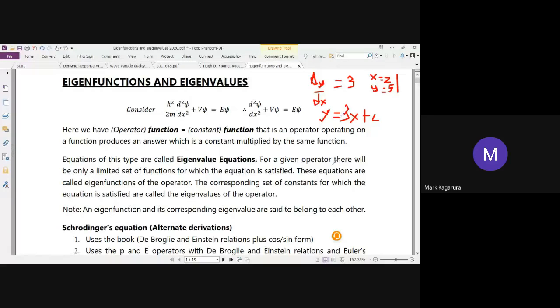So now this is what is called an eigenfunction. So we have actually solved this equation, and we ended up with the function. And so we need to get the eigenvalues. So we substitute for 5: 5 is equal to 3 times 2 is 6 plus c.